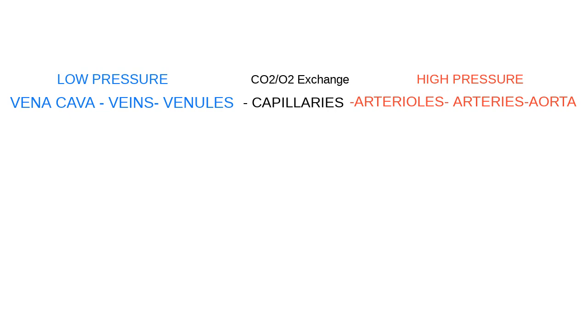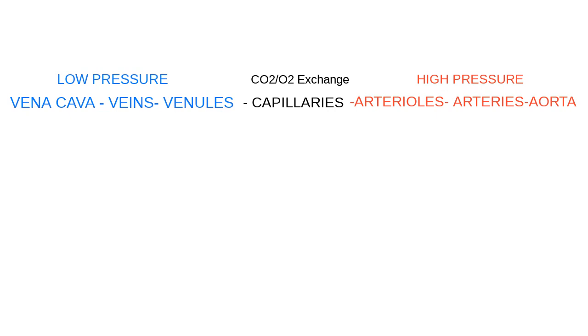The capillaries are the smallest blood vessels in the body. And the capillaries are an important area of the blood vessels. Because if you look on the layout that I have on my whiteboard, you will see that the capillaries are the connection between the smallest veins in the body and the smallest arteries in the body.